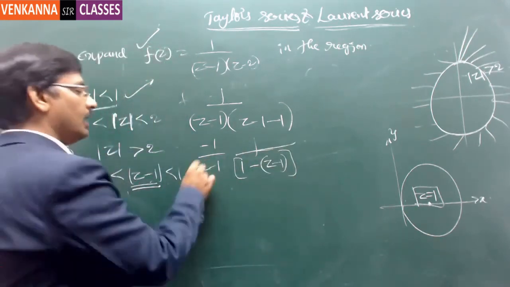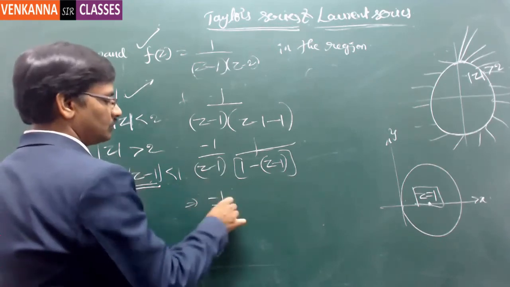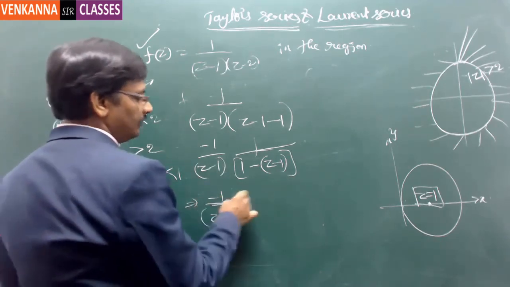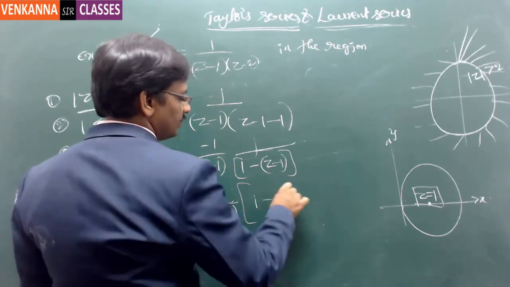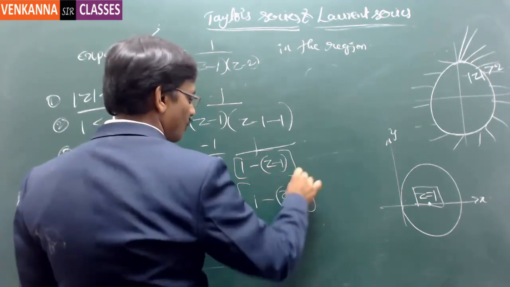So here I will keep minus 1 by z minus 1 as it is, and this I will write as (1 minus (z minus 1)) whole power minus 1.